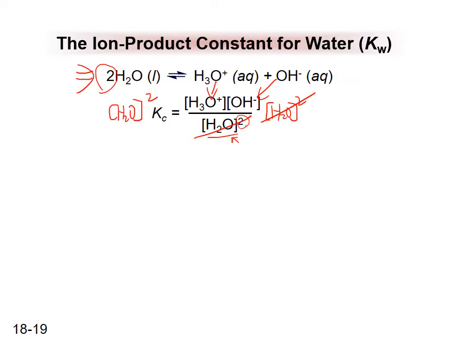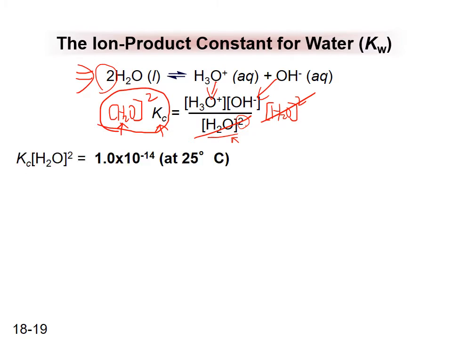right side. On the left side, this product gives you a new constant because both water concentration and the Kc are constant. And so this gives you a new constant which equals 10 to the minus 14, a very small number. And the right side is a product of the hydronium ion concentration and hydroxide ion concentration.